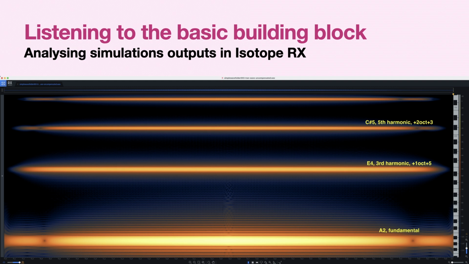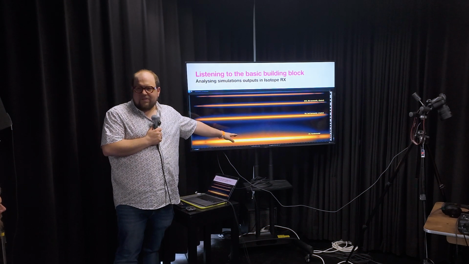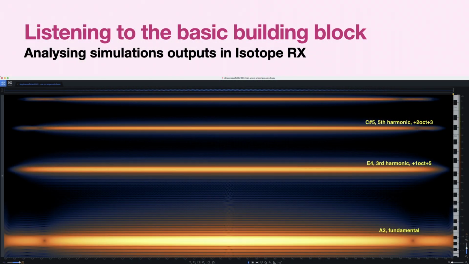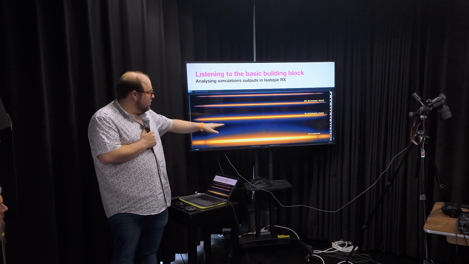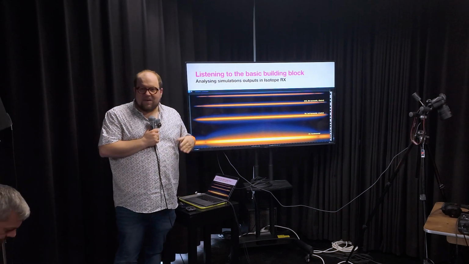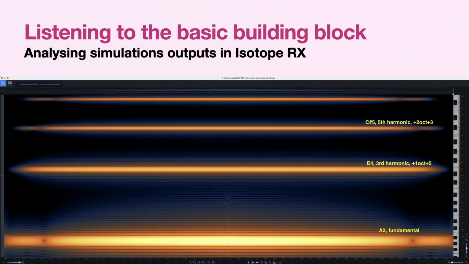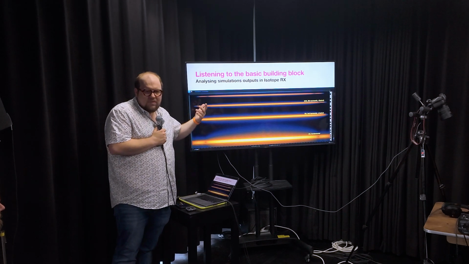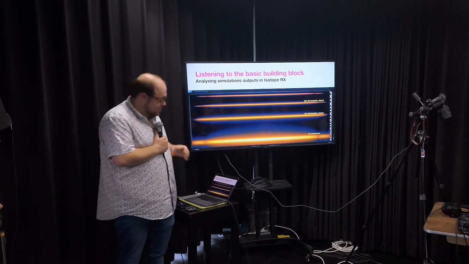And then you'll see that on top of the A2 fundamental, you'll have an E4 that arises, which is caused by the third harmonic and is actually a fifth, 1 octave higher than the fundamental. And then the fifth harmonic leads to a major third 2 octaves higher above the fundamental. So this is really interesting. This is not something that I could have guessed when I started this exercise.